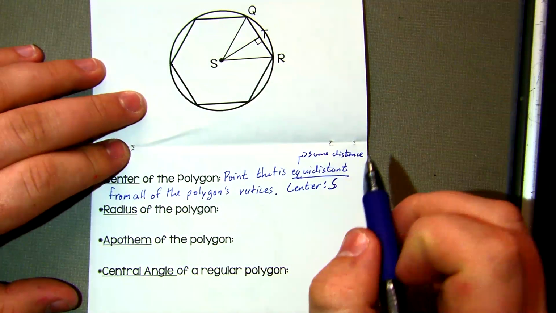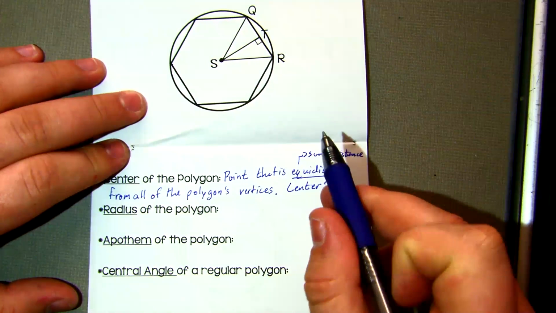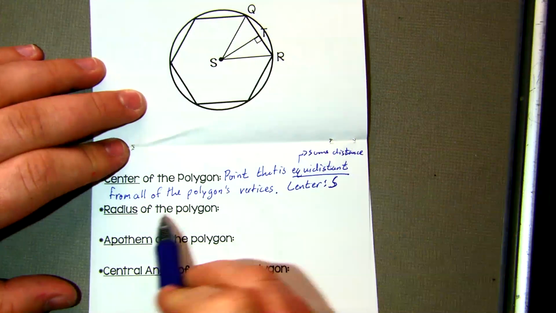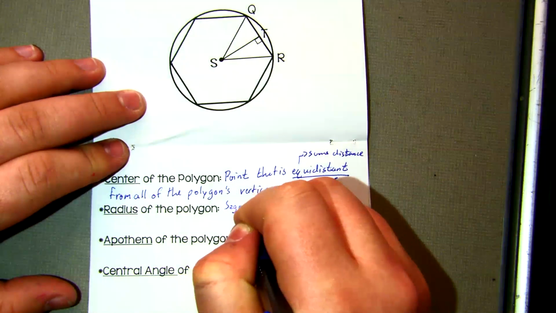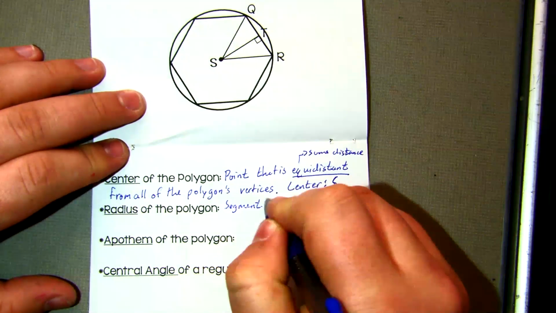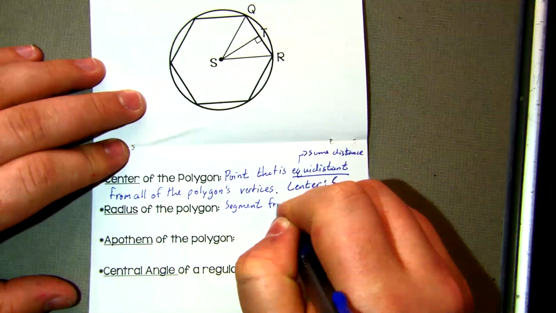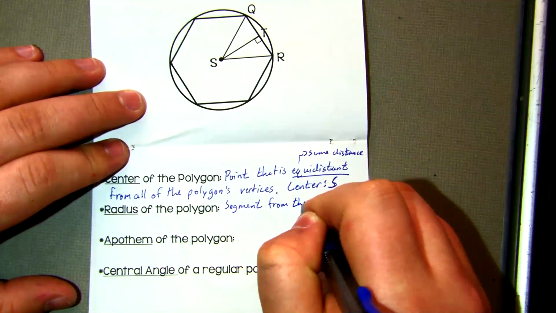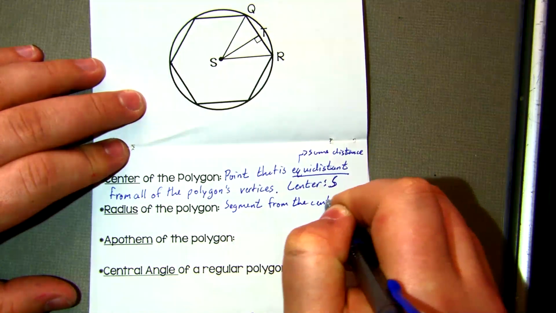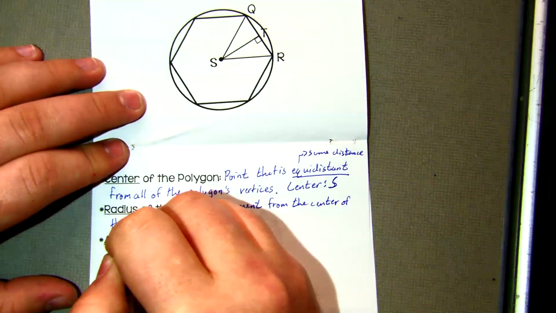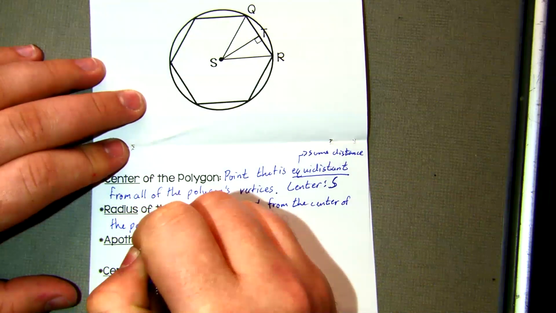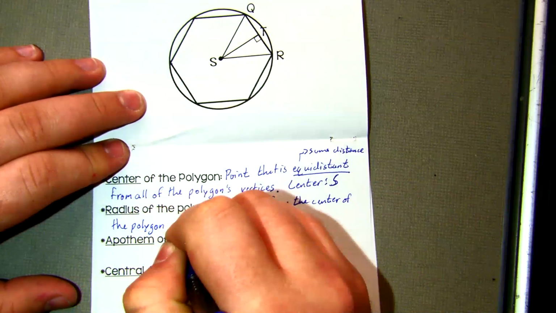All right, let's look at the next one. Radius of the polygon. This is the segment from the center of the polygon to any vertex.